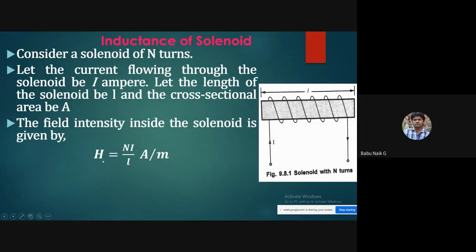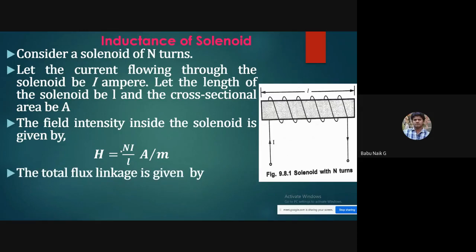We know that the unit of field intensity is ampere per meter.